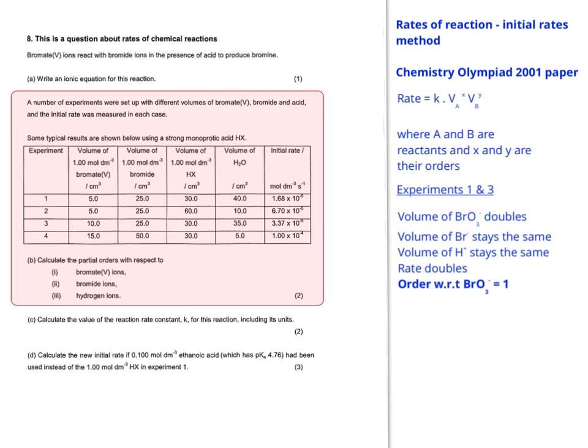So the order with respect to bromate is 1, because the initial rate doubles from 1.68 times 10 to the -5 moles per decimeter -3 second to the -1 to 3.37. Well, the calculator would suggest you should go to 3.36, but 3.37 is pretty close to doubling the rate.